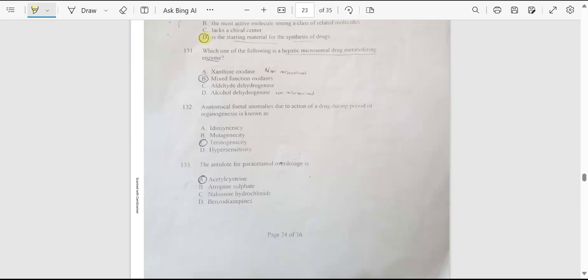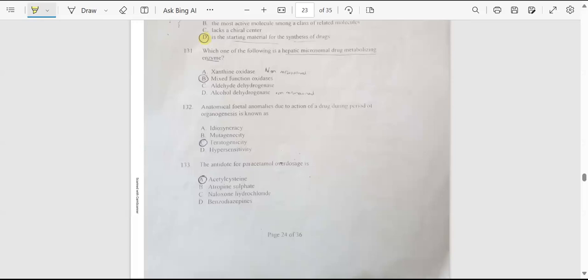I think it's a mixed function oxidase. Someone was talking Latin.